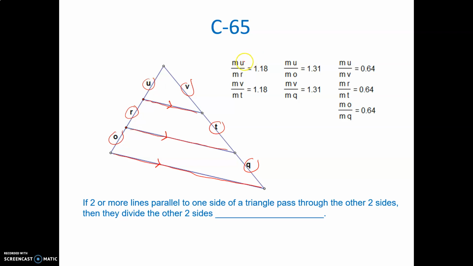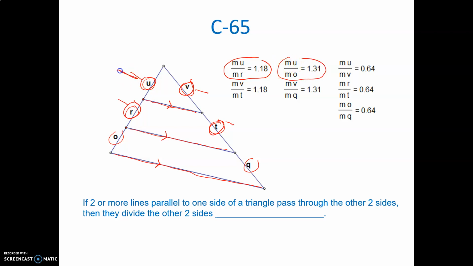Okay, so here I took U over R, and I got 1.18. And on the opposite side here, I took V over T, and I got 1.18. So these two pieces and these two pieces created as ratios, as fractions, will be equal to each other. Then in the next one I said U over O, so that M stands for the measure.